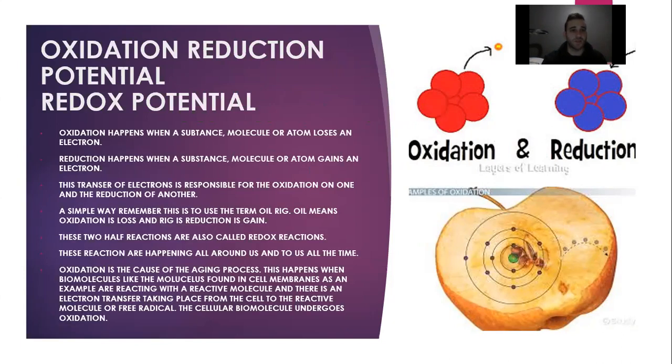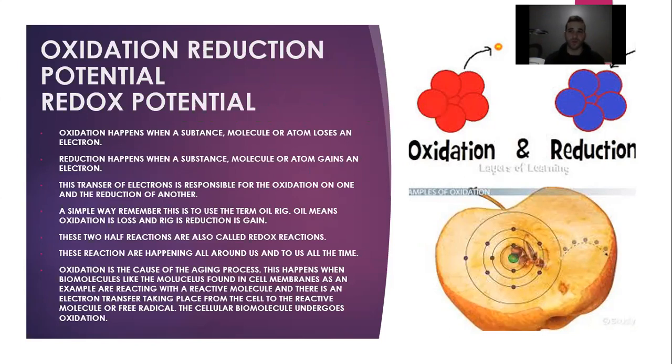So oxidation happens when a substance, molecule, or atom loses an electron. Reduction happens when a substance, molecule, or atom gains an electron. This transfer of electrons is responsible for the oxidation of one and the reduction of another. So that's the oxidation reduction reaction. They always happen together.